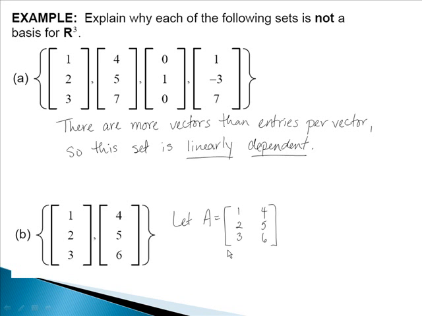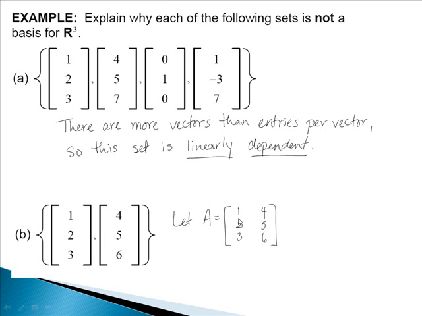This is now a 3 by 2, and remember that in order to be a basis they need to span R3. Using our favorite theorem, Theorem 4 from section 1.4, we know that the columns will span Rm, or R3, if there's a pivot in every row; those are equivalent statements.